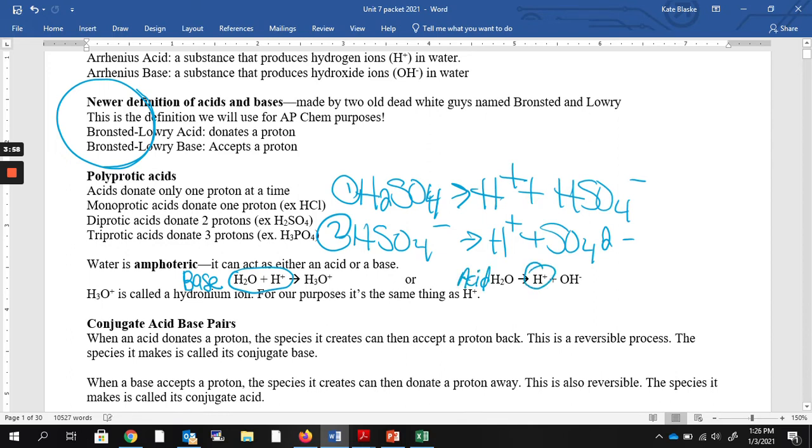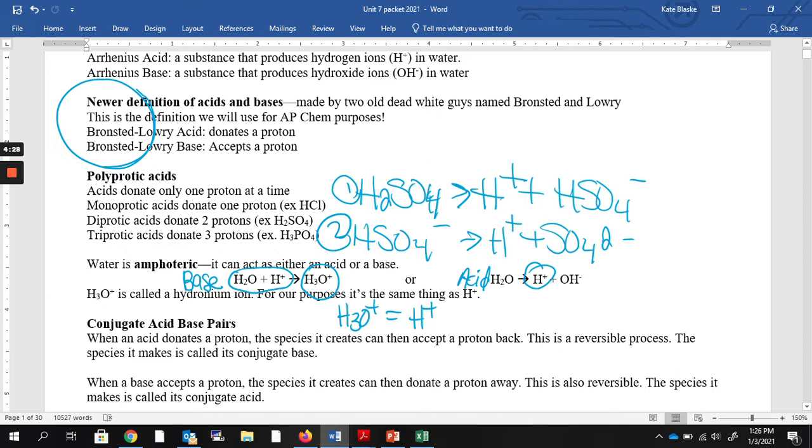Now, if you notice, in this base reaction of water, we make this substance called H3O+. This has a specific name. It is called the hydronium ion. For our purposes here in AP Chemistry, and pretty much for most chemistry anywhere, H3O+, hydronium, is used interchangeably with H+ as a proton, or the H+ ion, the hydrogen ion.